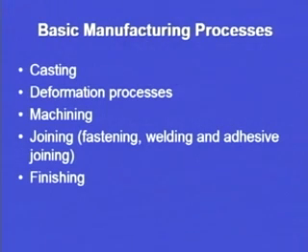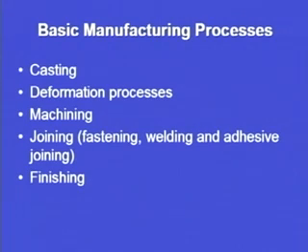So, we have already discussed in the basic lecture on powder metallurgy that casting can be done using expendable molds or it can be done using permanent molds. Similarly, deformation processes we have already seen: rolling, forging, extrusion are some of the deformation processes which are used to convert the basic raw material.